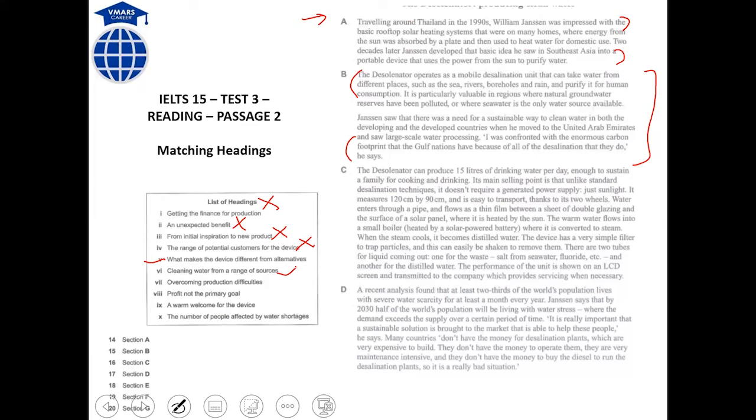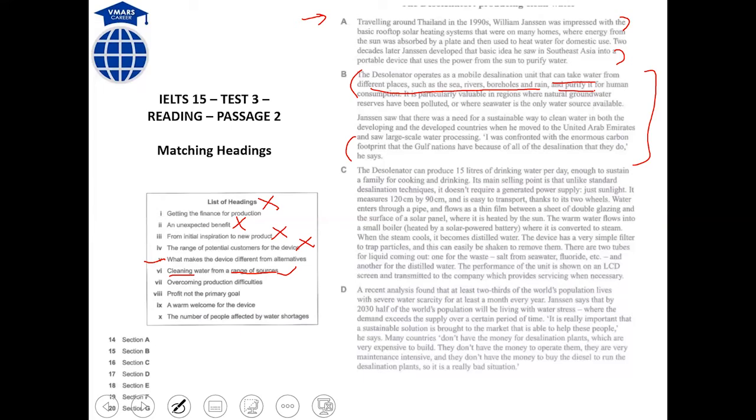The desalinator operates as a mobile desalination unit that takes water from different places. Now, these are your range of sources: your sea, rivers, boreholes, rain, they take it. And what does it do? Cleaning water. It's written, and purify it. So the top two lines and the below two lines may give you the right heading.